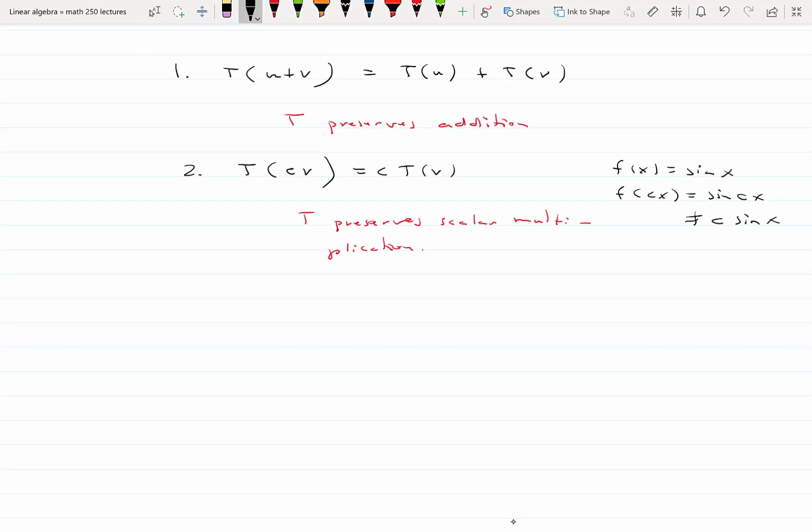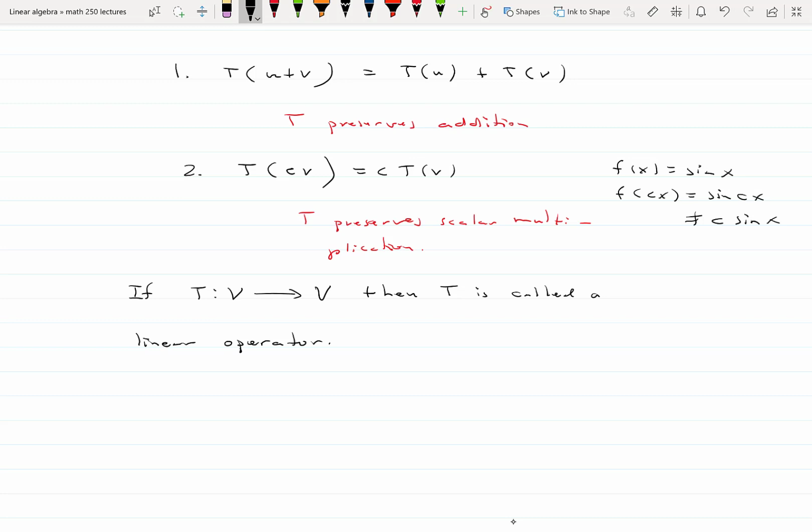If the two vector spaces V and W are the same, if T takes V into V again, then T is called a linear operator.